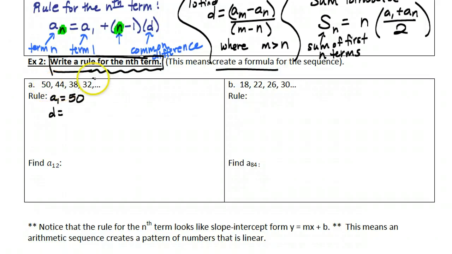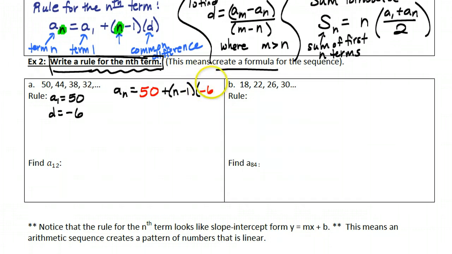Do you see how it's subtracting 6 each time? So D is -6. I didn't even have to use the formula to find D that time. And then here's what we do. I'm taking my rule for my nth term. I'm going to plug in A1. N stays N, because that's how it's going to create a formula for me here. And then I plug in D.